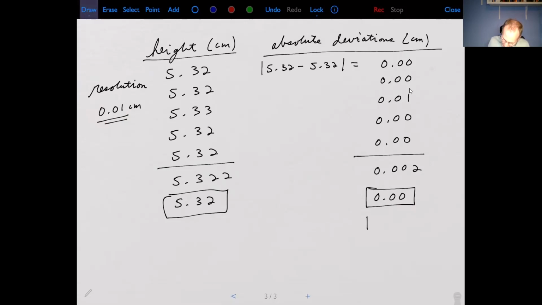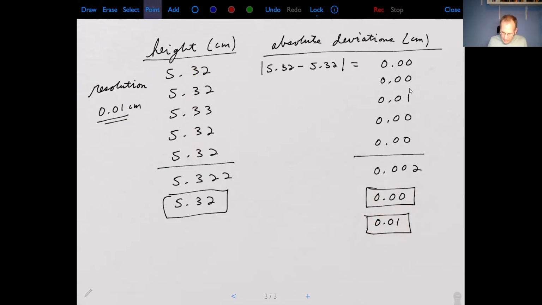So we have to use 0.01 as our average absolute deviation. Notice that this only comes up when the values are either the same or really close to one another, where the average absolute deviation turns out to be less than the resolution of the instrument. Therefore, you just use the resolution of the instrument when computing the percent accuracy.